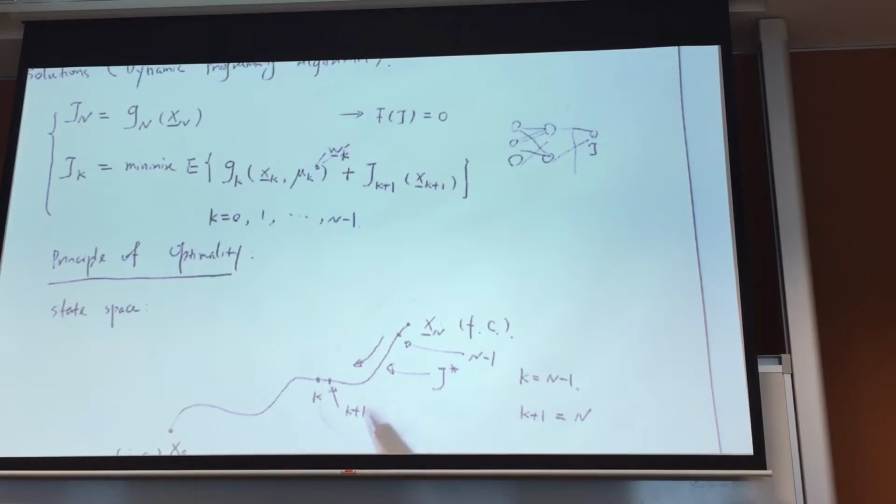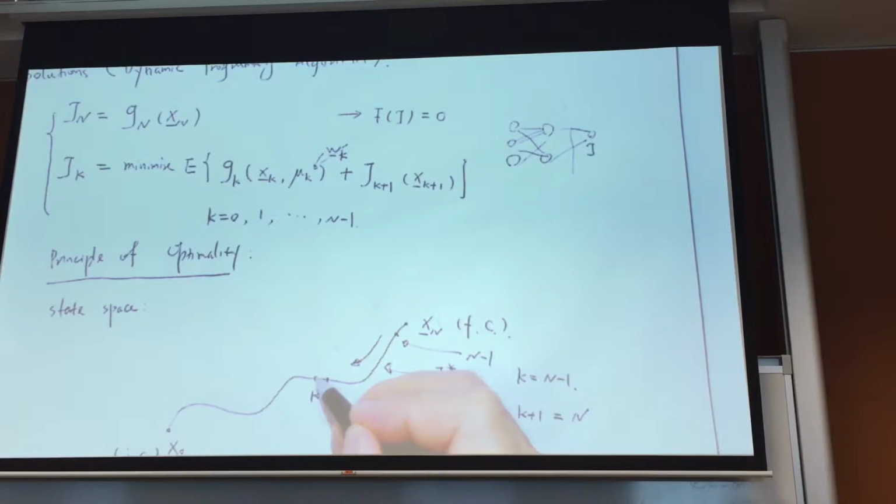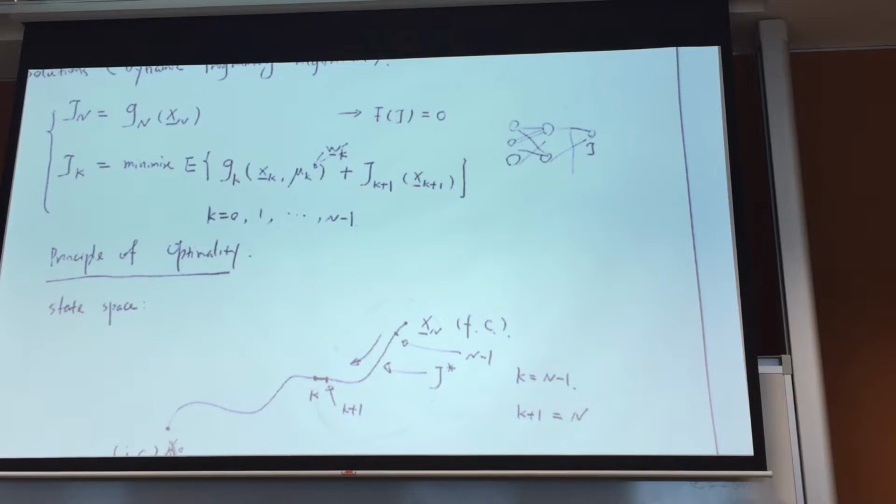So we assume it is already known, and we only need to do the one-step augmentation. We do this recursively until we arrive at the initial state. So this is the idea behind the dynamic programming.